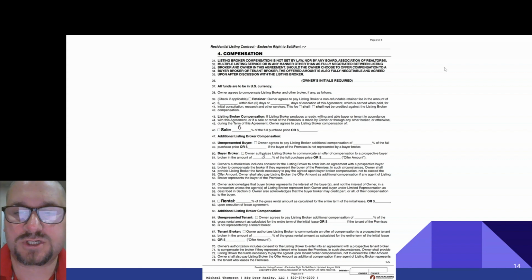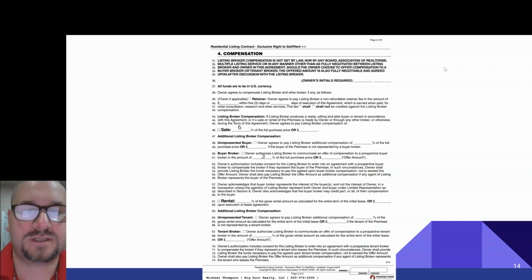In such circumstances, owner shall provide the listing broker the funds necessary to pay the agreed upon buyer broker compensation not to exceed the other amount. Owner shall also pay listing broker the offer amount as additional compensation if any agent of listing broker represents the buyer of the premises.